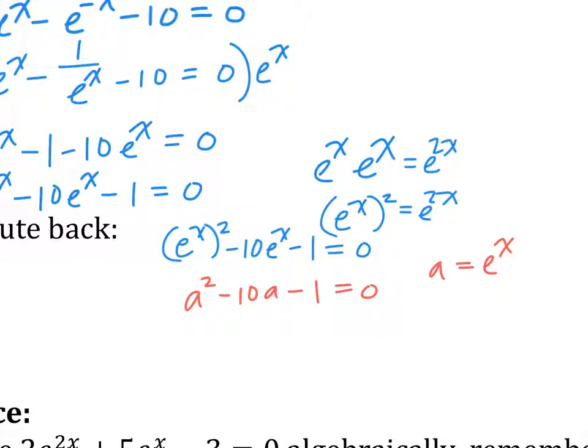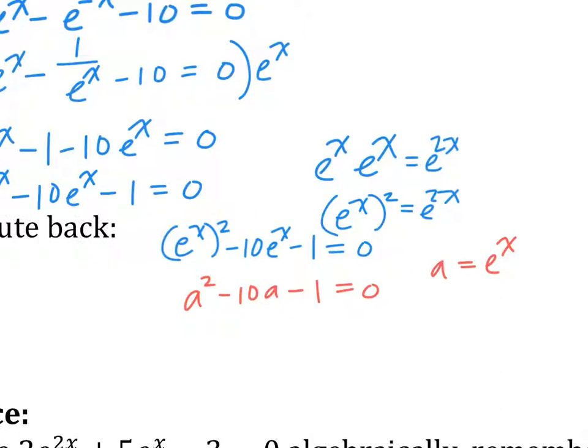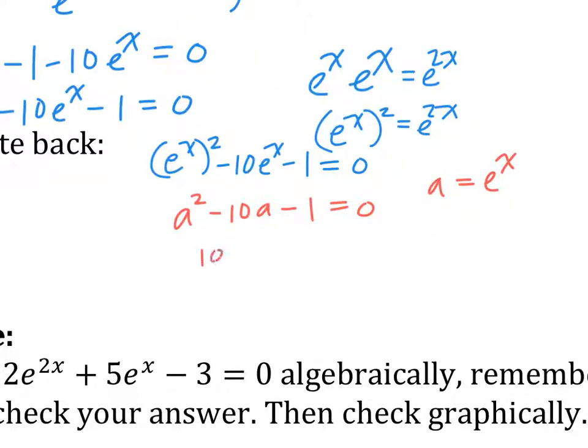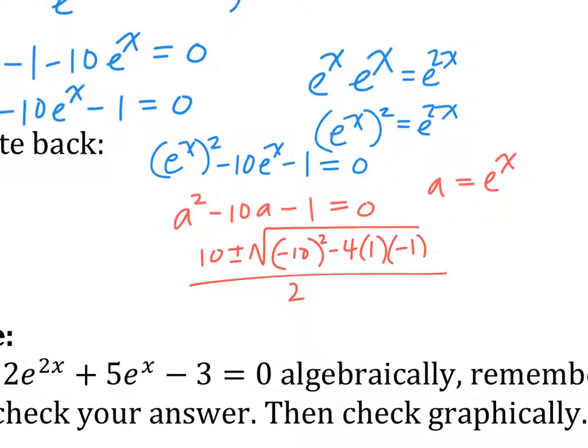Okay, how do we solve this? Factor if it's possible, but is it factorable? No. So then quadratic formula: negative b plus or minus square root of b squared minus 4ac, all over 2a. Okay, solve it. Use your calculator. You're going to get two answers. What two numbers did you guys get?